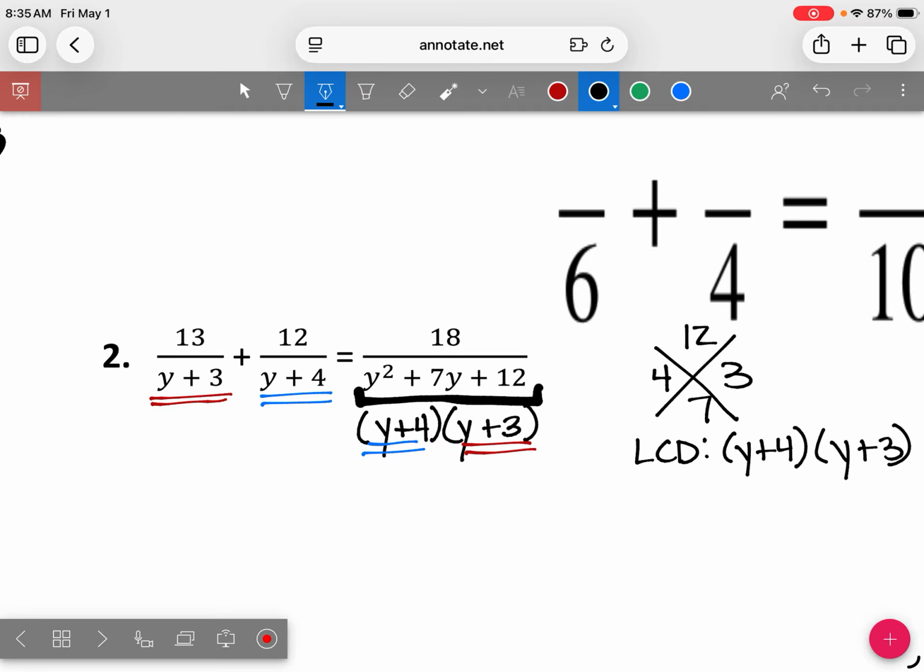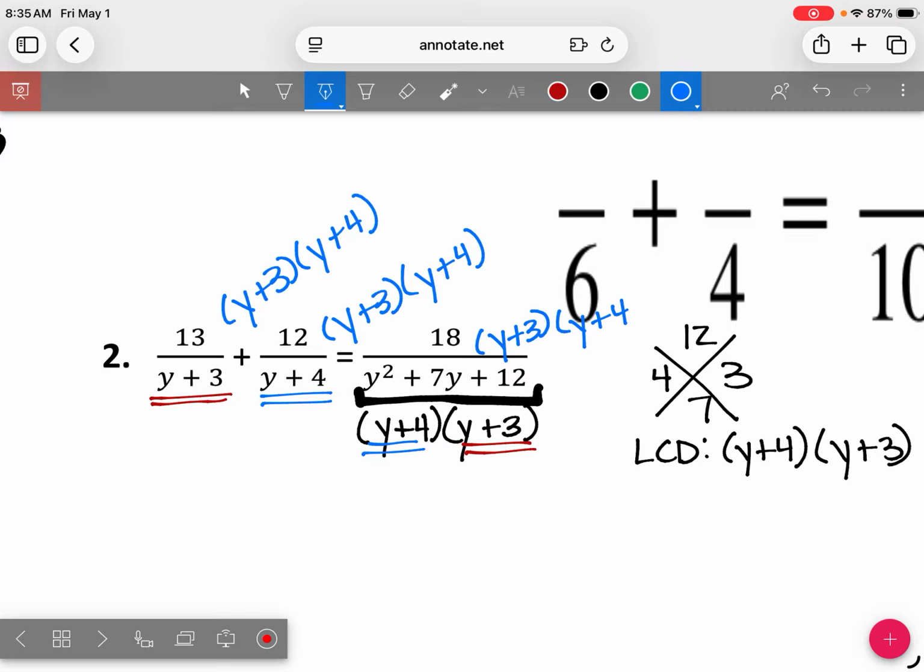So that means that I need to multiply everything by both. Y plus 3, y plus 4. So the y plus 3 goes away.